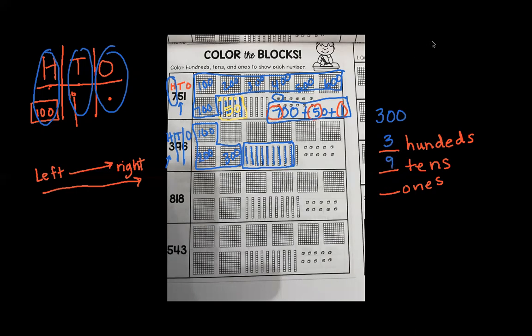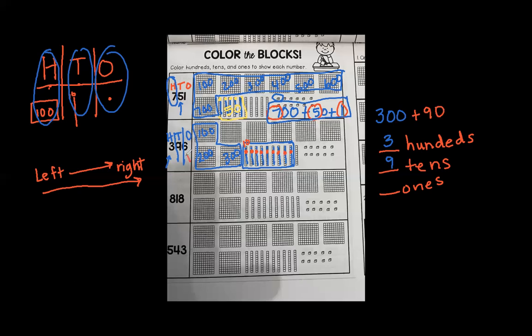But the value is not 9. We have to count by 10. 10, 20, 30, 40, 50, 60, 70, 80, 90. So we write 300 plus 90.